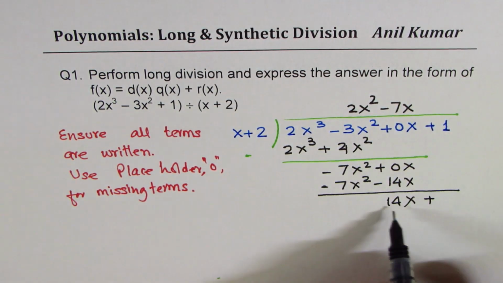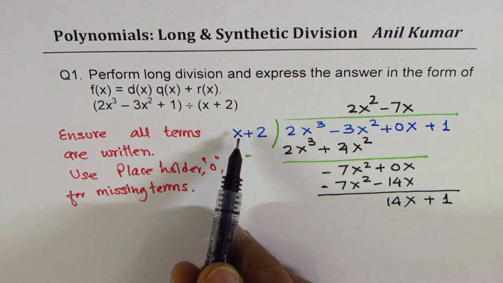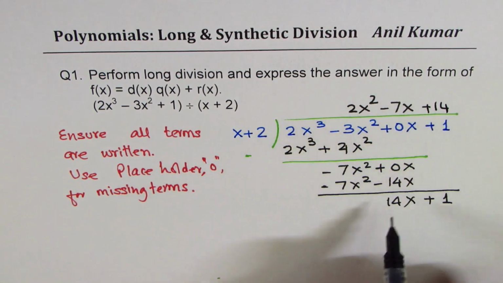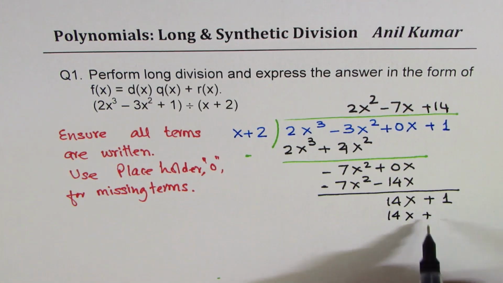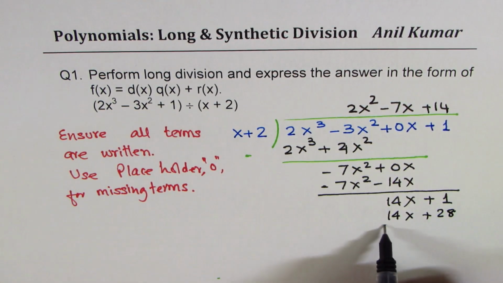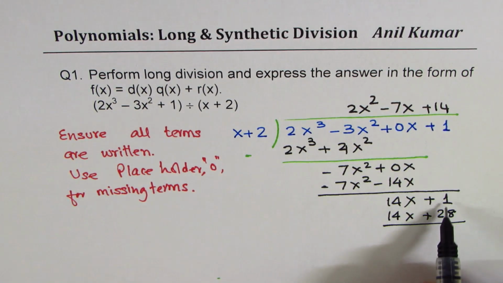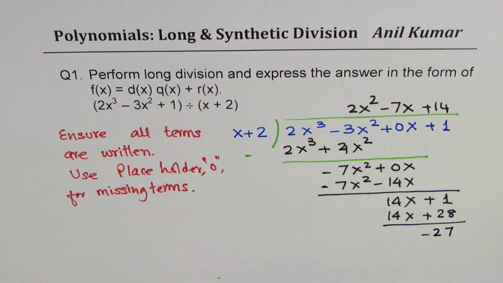We are left with 14x plus 1. 14x divided by x will give you constant 14. So when you multiply by 14, you get 14x plus 28. Taking away, 14x cancel, 1 minus 28 will be minus 27.